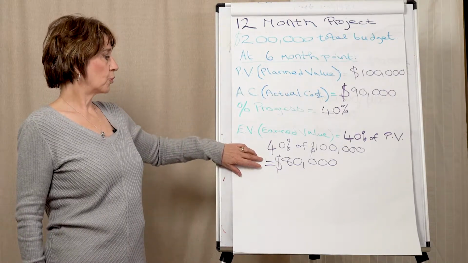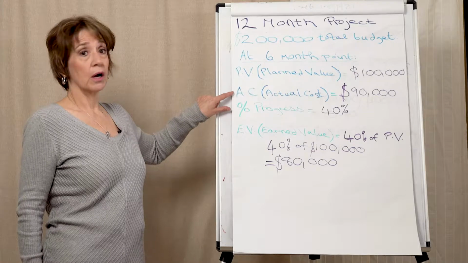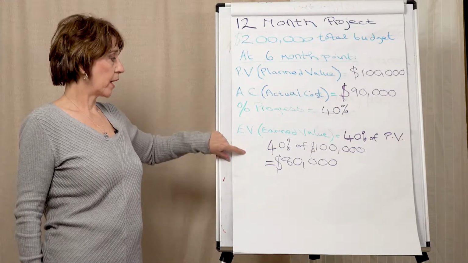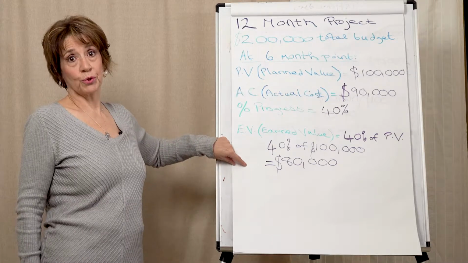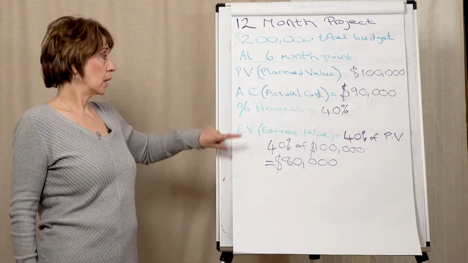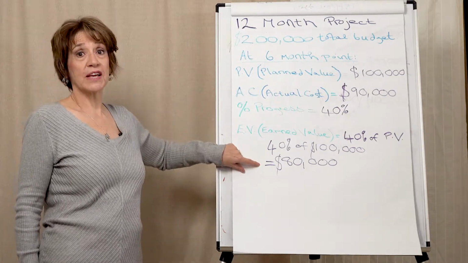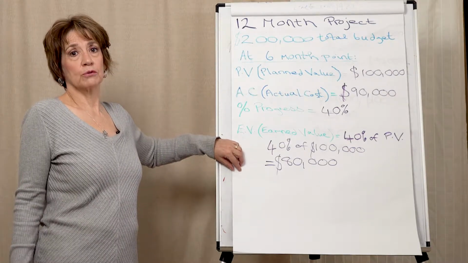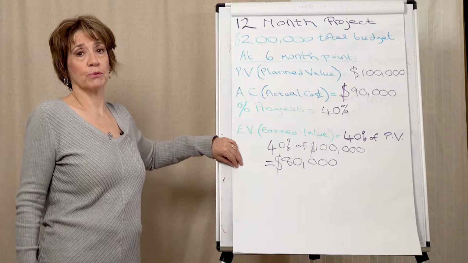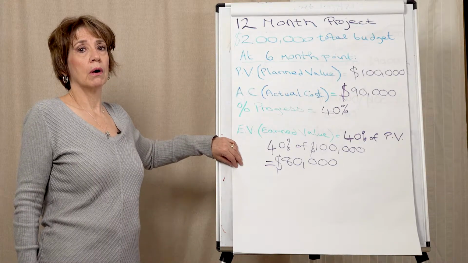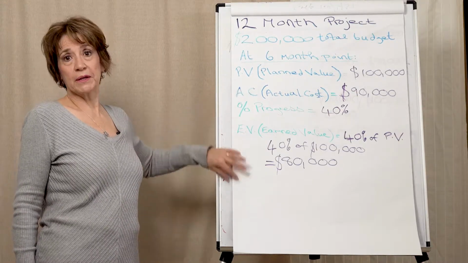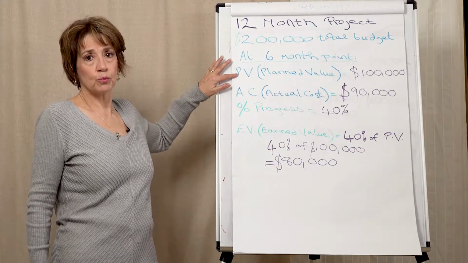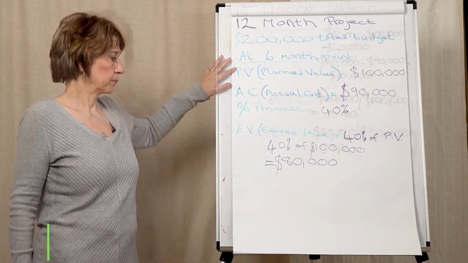Now when you look at your earned value as opposed to your actual cost, you can see there that you're not doing as well as you thought you were, because you're actually overspending compared to the actual work that you've done. Maybe you were supposed to have done 5 deliverables and you've only done 4. So you're overspending then, but looking at just these two figures, you wouldn't be able to see that.